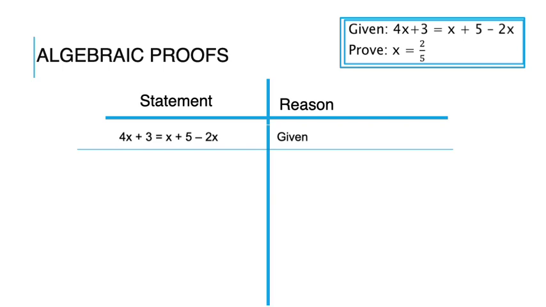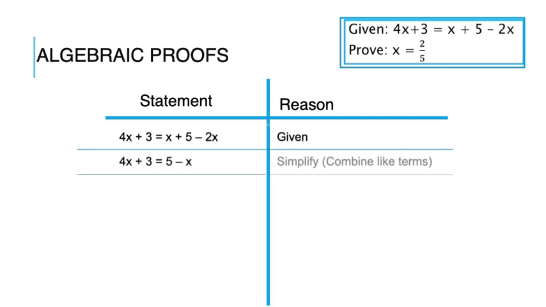Now on the left-hand side, there are some terms on the right side of that equation that we can combine. 1x minus 2x is equal to negative 1x, right? So we can rewrite the equation as 4x plus 3 is equal to 5 minus x. And the reason is that we have just simplified or combined our like terms. Now, whenever we have an equation and there's an x on both sides, we want to get the x's together.